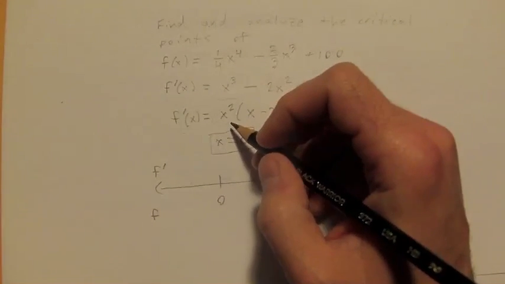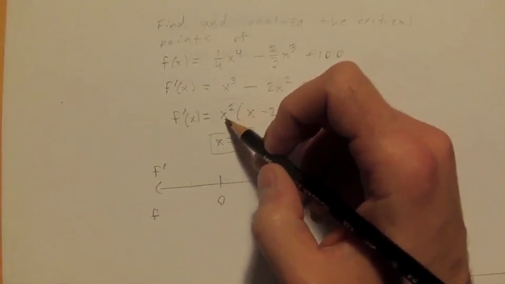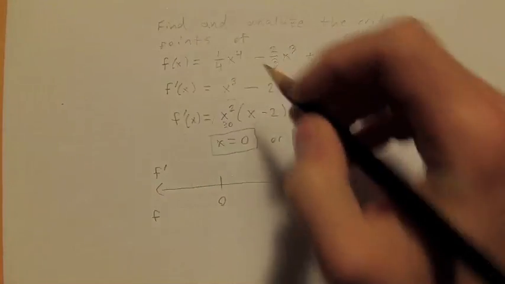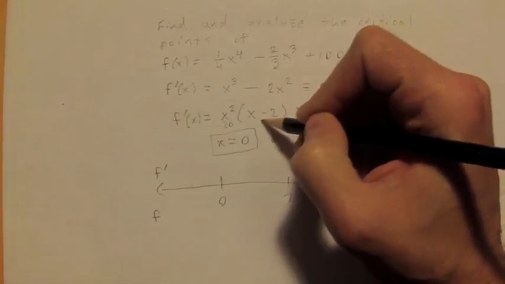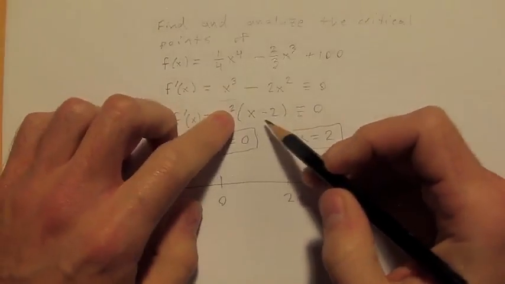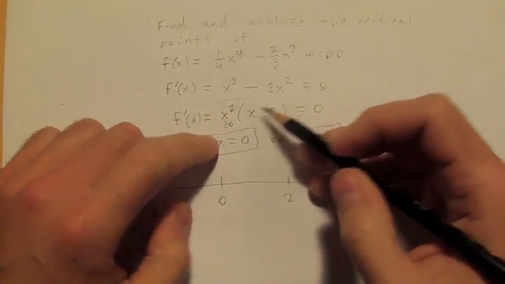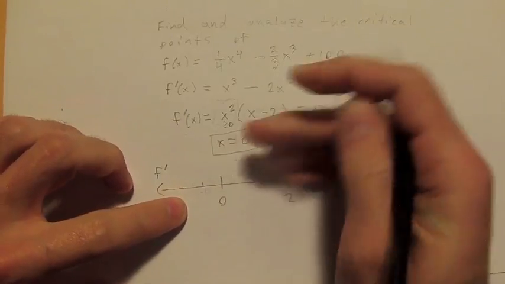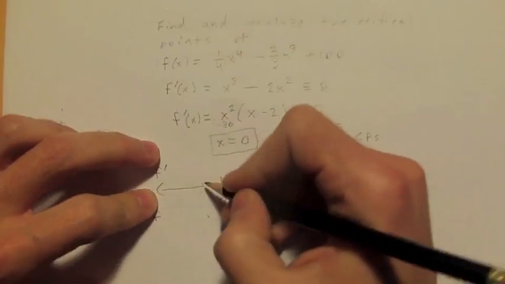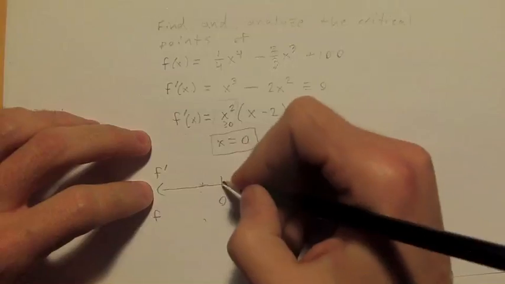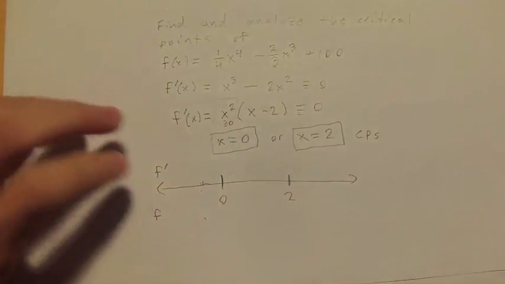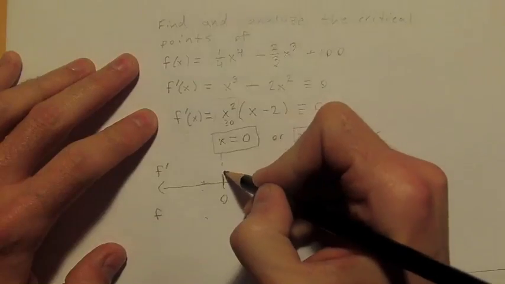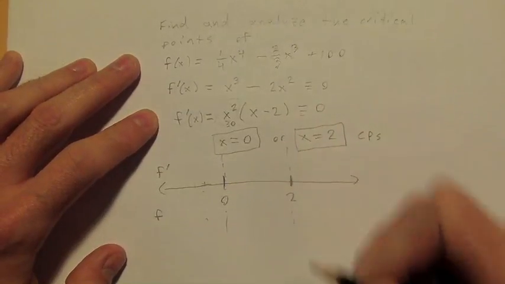No matter what I plug into x squared, this thing is going to be greater than or equal to 0. So it's really this that tells me whether f prime is going to be positive or negative. So if I choose a -1, I don't like to put it on my number line because it's kind of tough to tell which are your critical points and which aren't at that point, but let me go ahead and split this up.